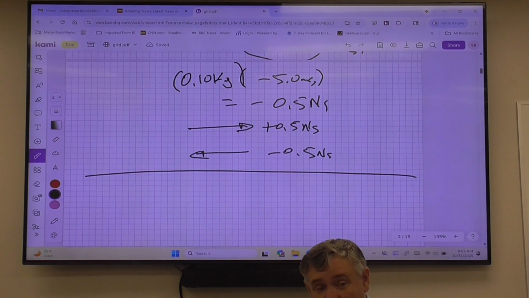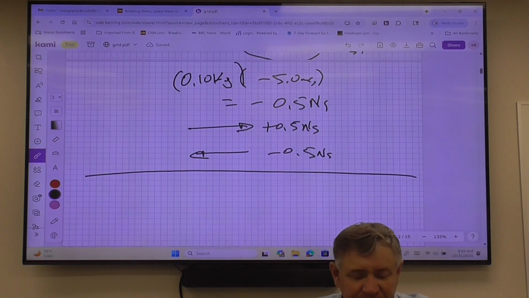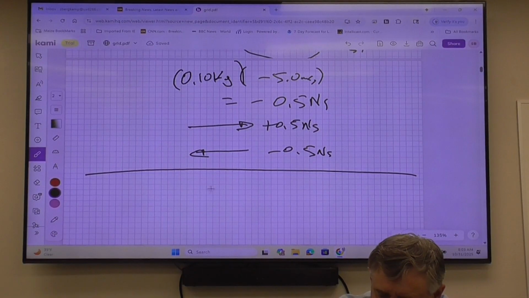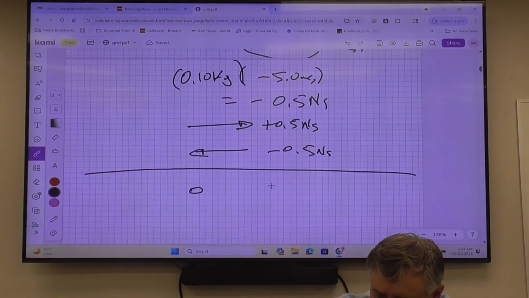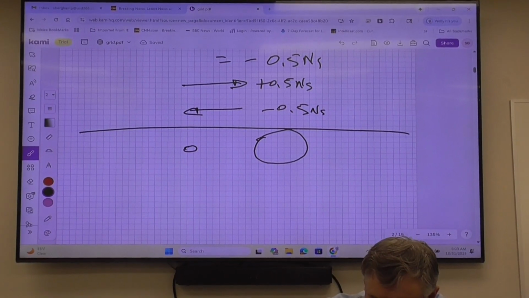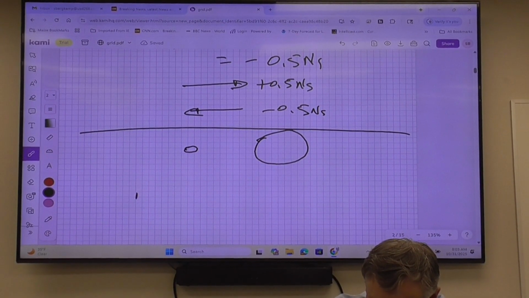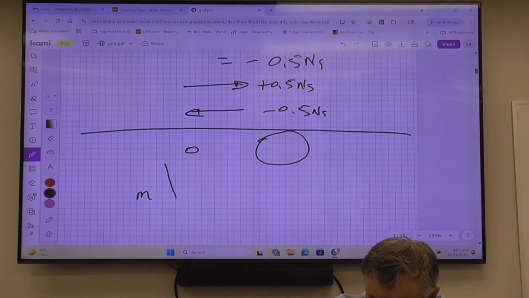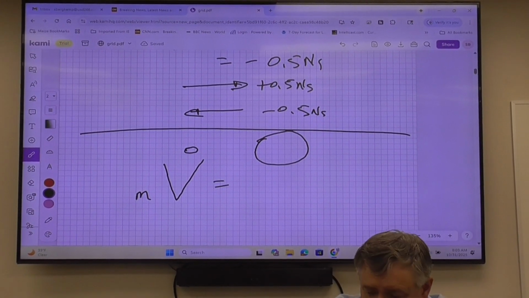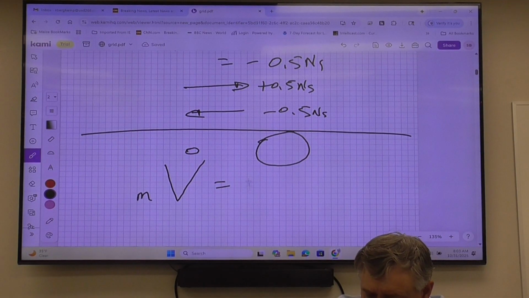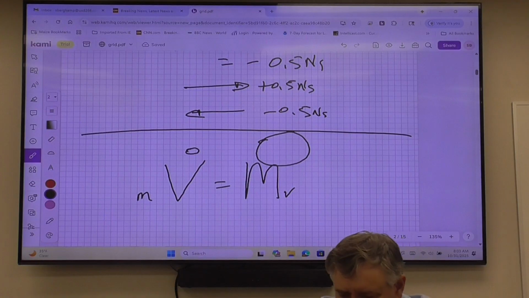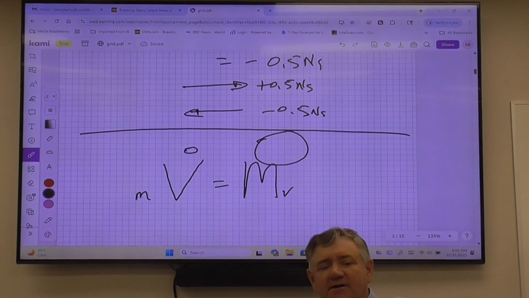If it had 10 times more mass, then it went 10 times slower. Bingo. So here's Gary the golf ball, and there's Hank. Gary the golf ball has a small mass, but if he was moving really fast, he could have the same momentum as Hank, who has a large mass moving with a small velocity.